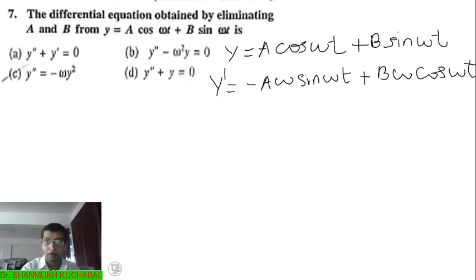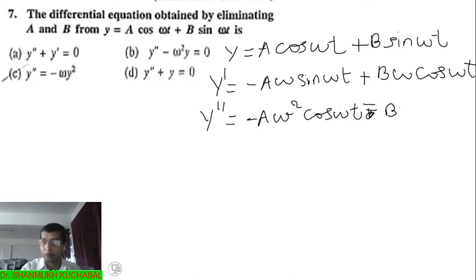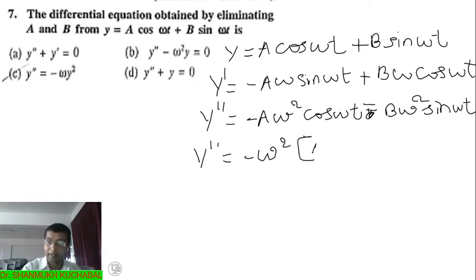Further, differentiating y dash, we get y double dash equal to minus a omega square cos omega t minus b omega square sin omega t. Further, y double dash equal to minus omega square, we take common, a cos omega t plus b sin omega t.